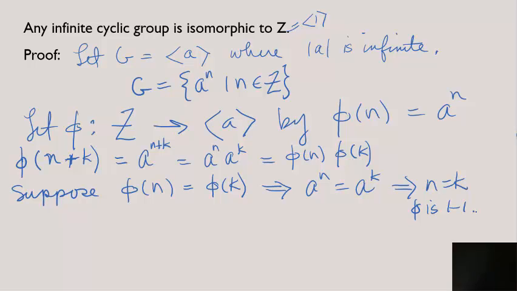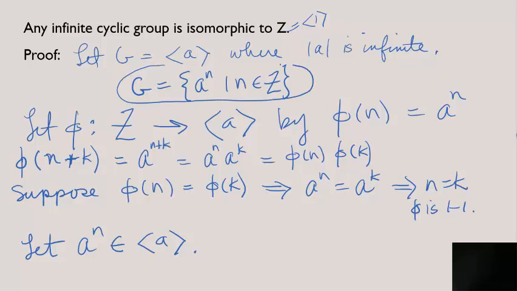And now let's prove it's onto. To show it's onto, let A to the n be any element in our group G. Well, n is an integer.